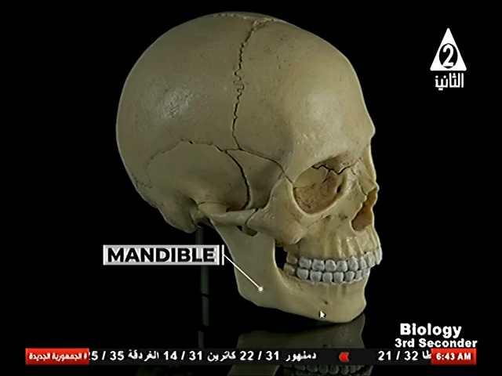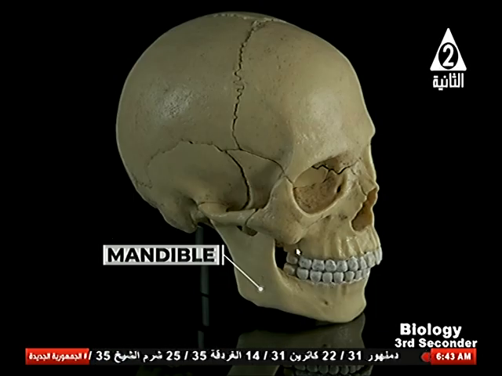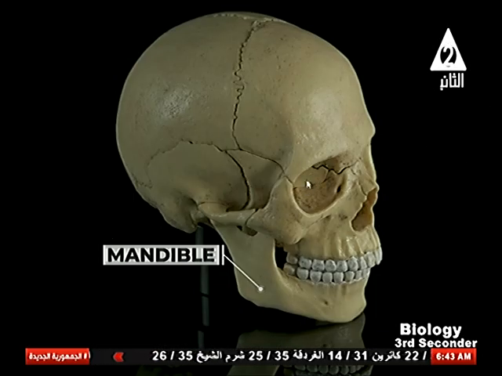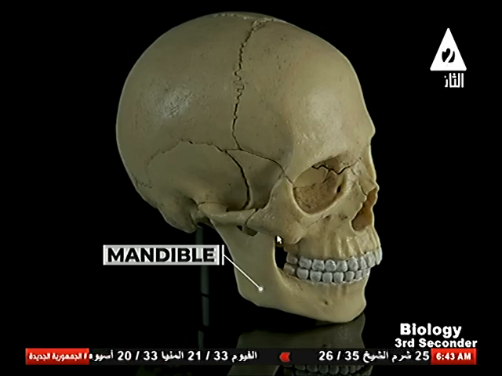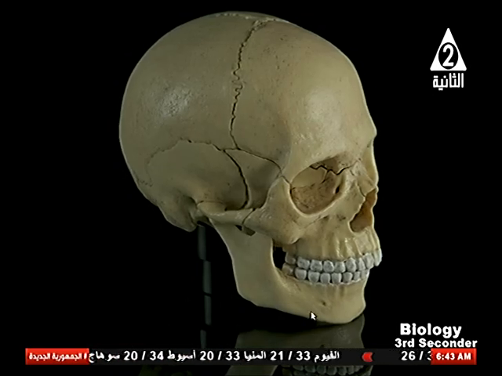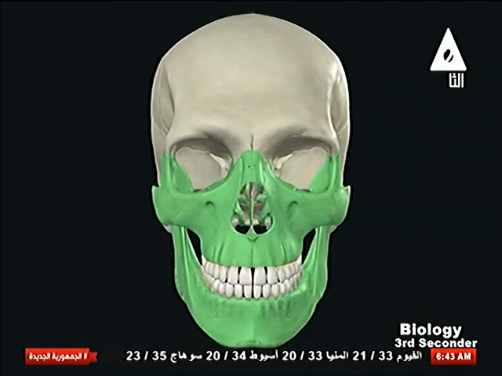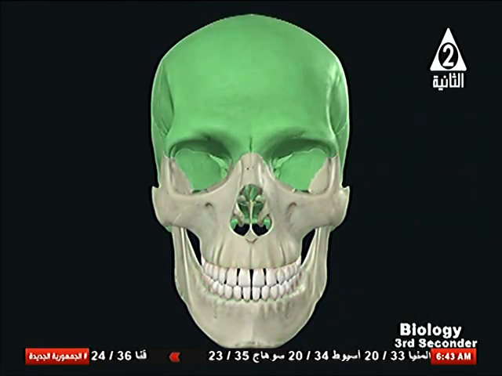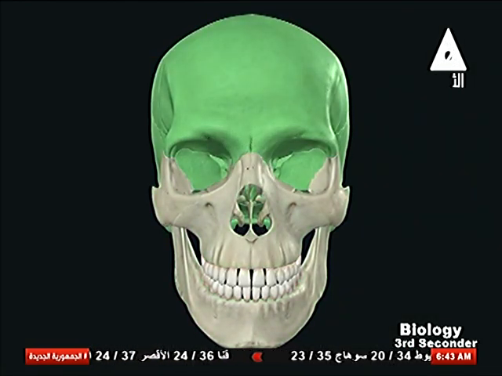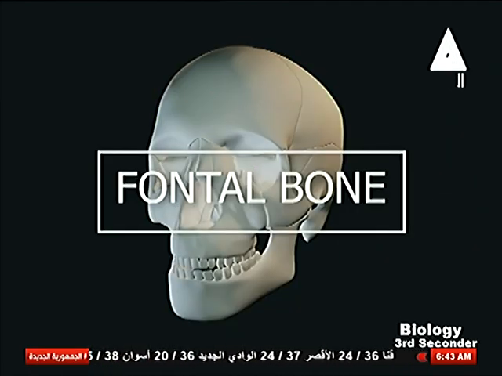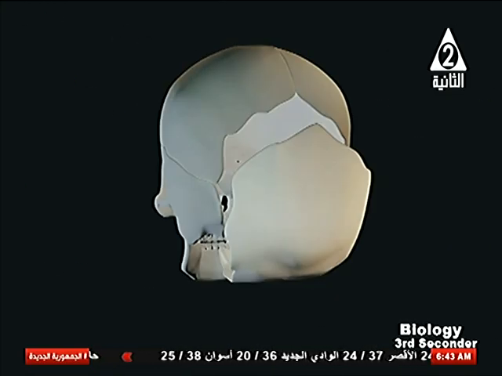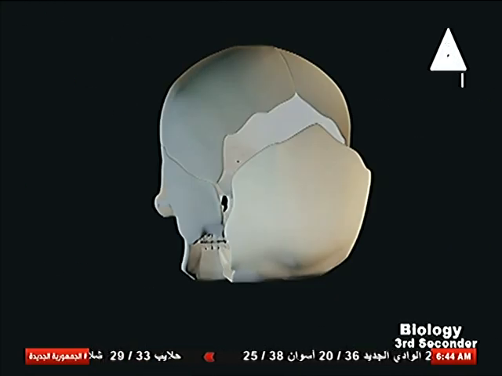The lower jaw is the movable jaw, and this is the position of the sense organs: eyes, nose, ears. This is the facial part, the anterior part. This is the posterior part, which contains the brain to protect it.